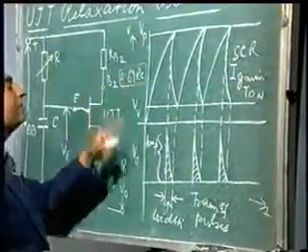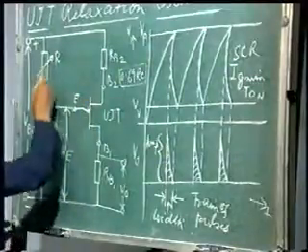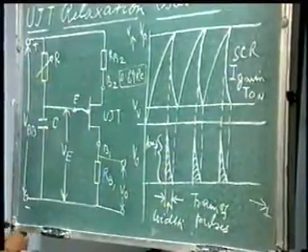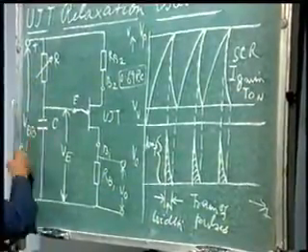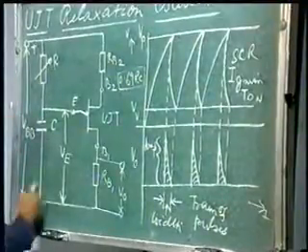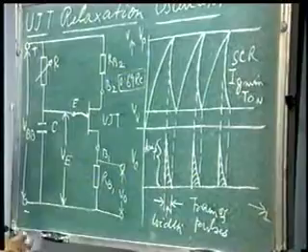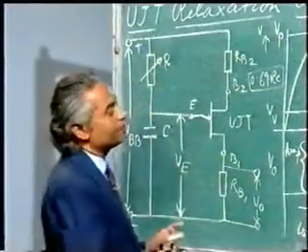If I change the value of R or C, I can change the time constant. So here what we are doing is we have taken a constant value capacitor and a variable resistor. We could have also taken a variable capacitor and a constant value resistor, but it is always easy to have a variable resistor and a constant value capacitor.